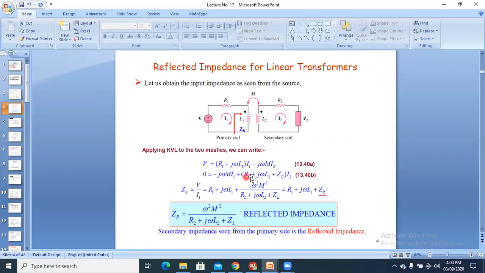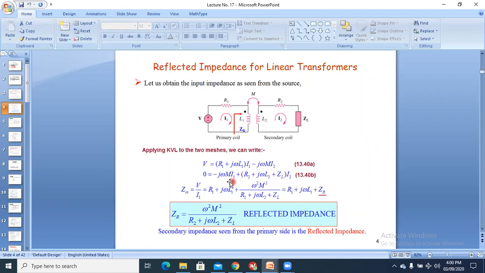From this second equation, we will find the value of I2. This value of I2 can be determined in terms of I1. It is j omega M I1 divided by the total impedance of the second network, right?